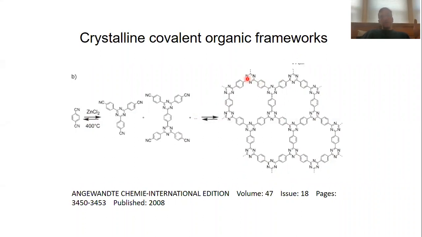So there's a catch to that, though. This kind of chemistry, the trimerization of nitriles, is not as versatile as the polycondensation of boronic acids in terms of the ease with which crystalline structures form.